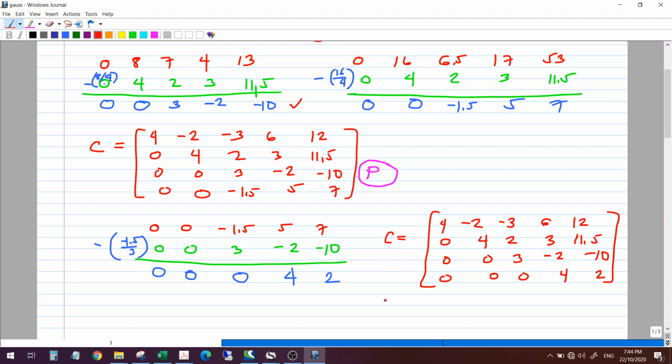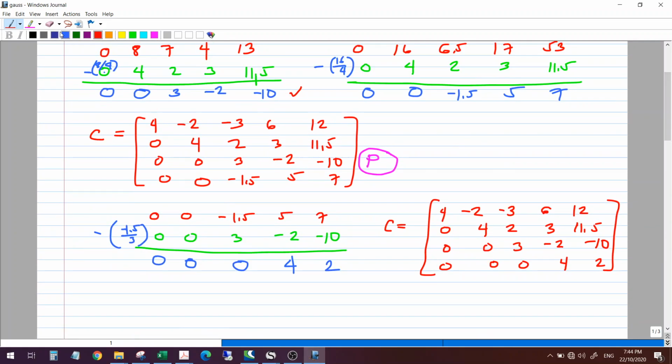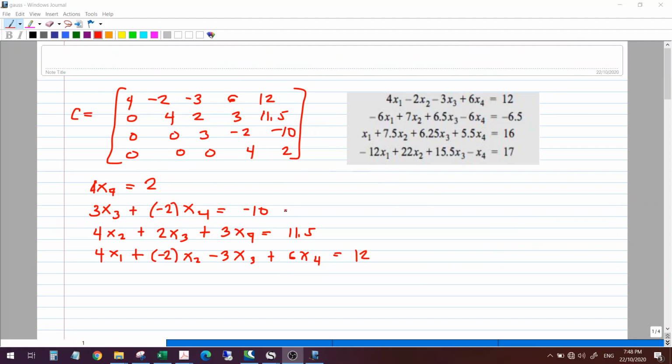And by the equation that we presented earlier, we can now find the unknown variables. So I can copy this. Okay, so this is our final matrix C from the original equation problem here.